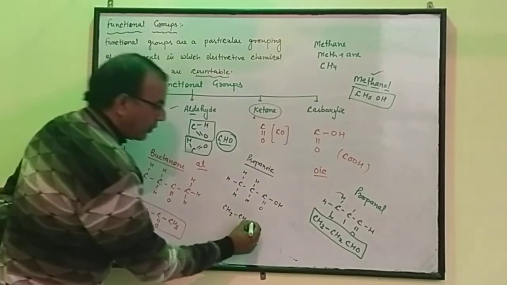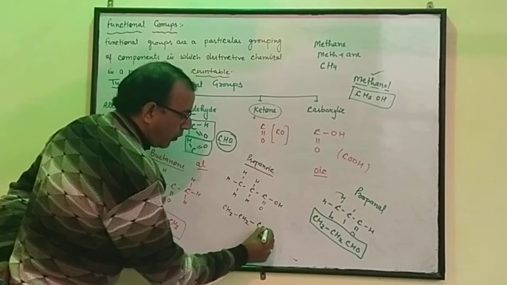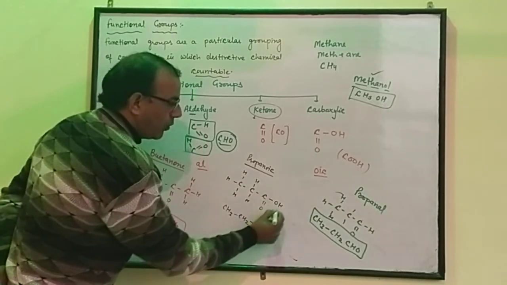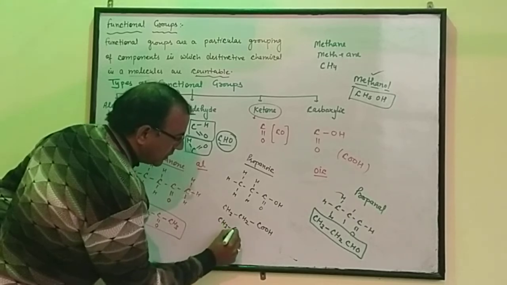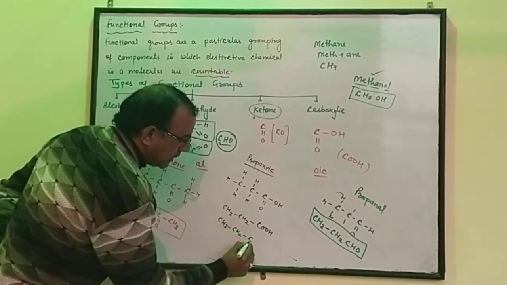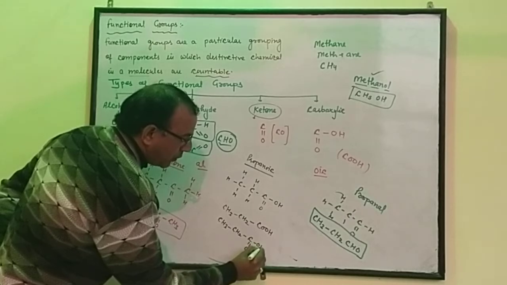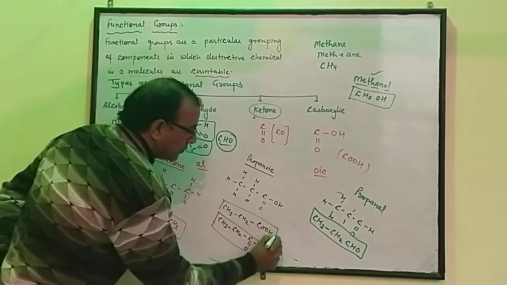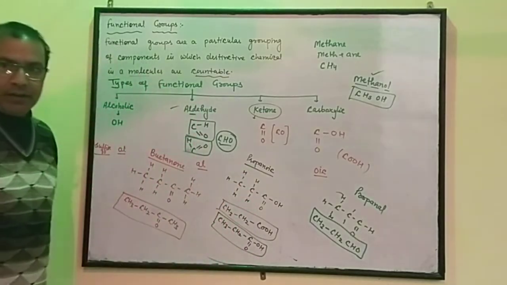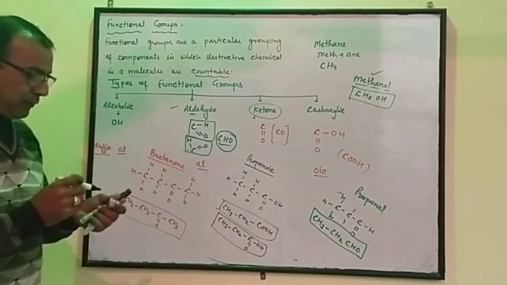CH2. और ये सी COOH लिख सकते हैं. COOH. You can write it this one side and this one also. CH3 CH2 C double bond O with single bond OH. Both types of chemical formula we can draw of propanoic. Clear?